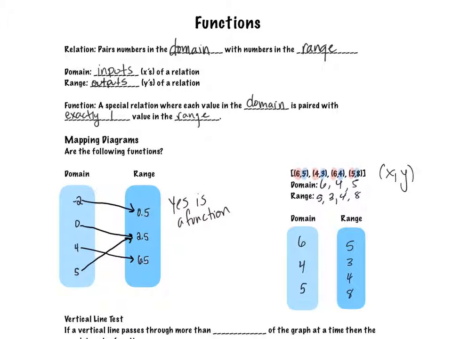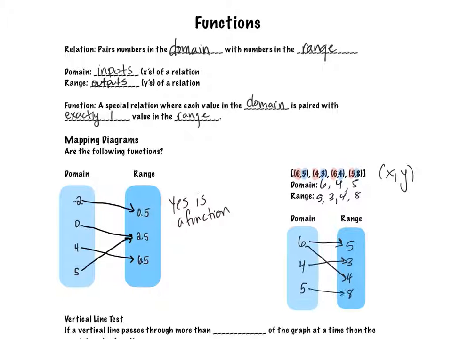When I make this mapping diagram, if it says make the mapping diagram, I'm just gonna draw lines where things go. My first point was 6, 5, so I know 6 goes to 5. I'm gonna keep that going. 4 goes to 3. Then 6 goes to 4 again.